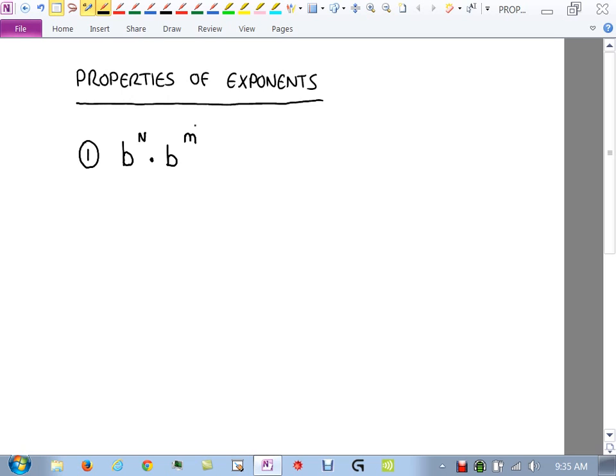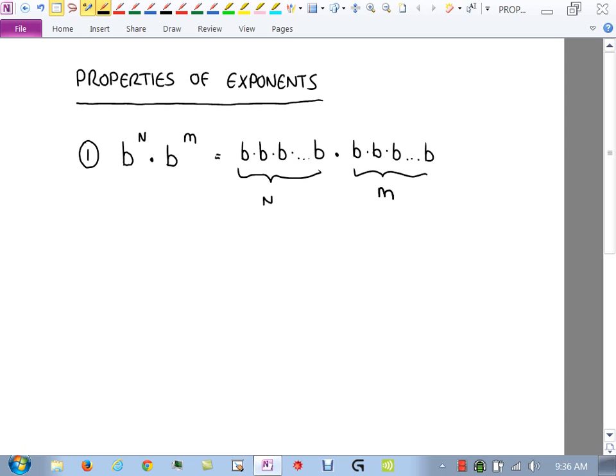And then this b to the m power means I'm going to do b times b times b, how many times? m times, right? So this looks like b times b times b, and I do that n times, and then next to it, b times b times b, and I do that m times.